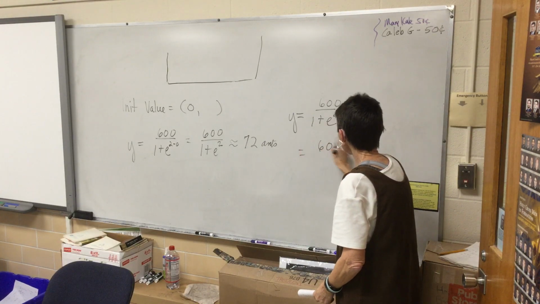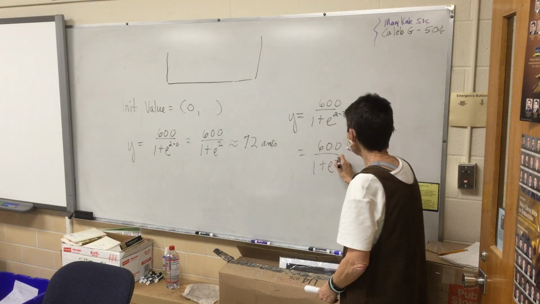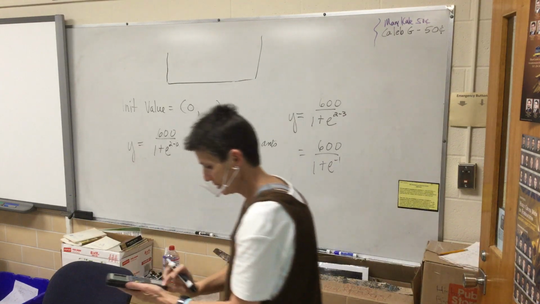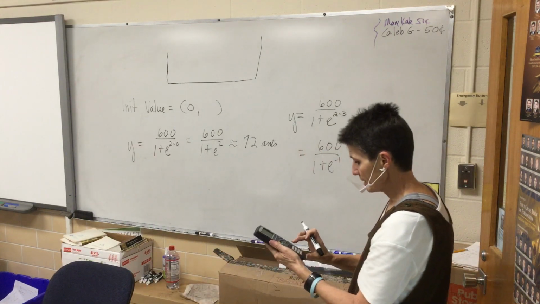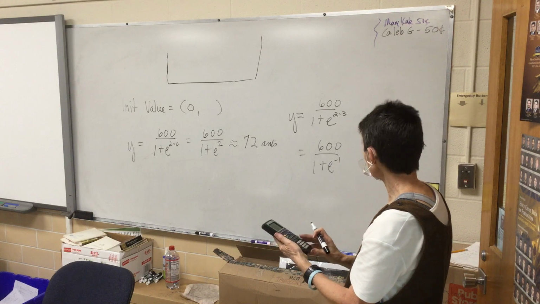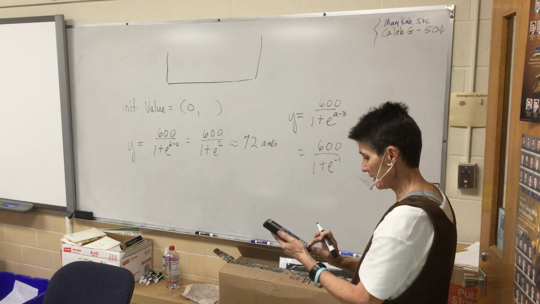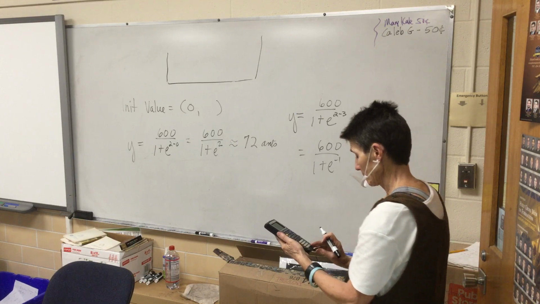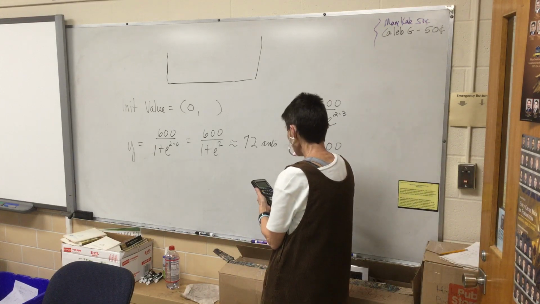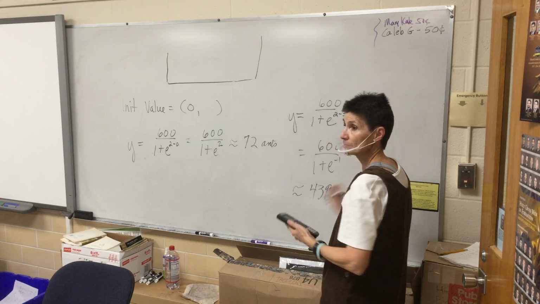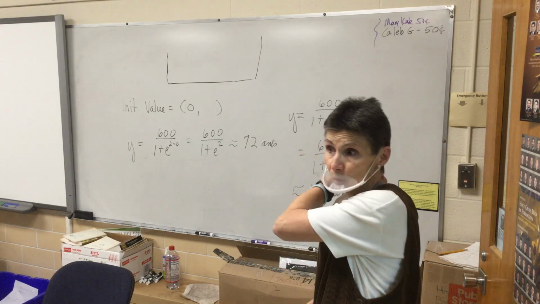So 600 over 1 plus e to the negative 1. Same calculation, 600 divided by parentheses 1 plus second ln negative 1. And I got about 439 ants. You with me?